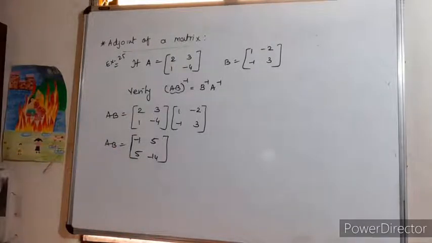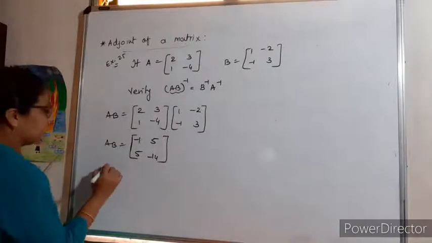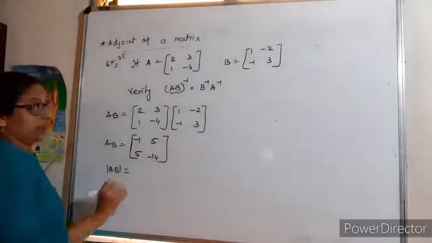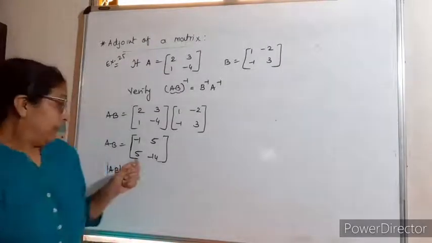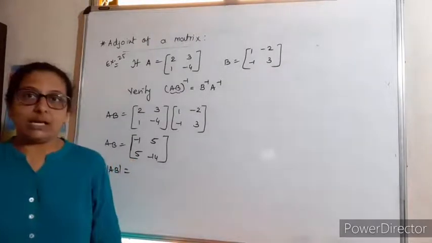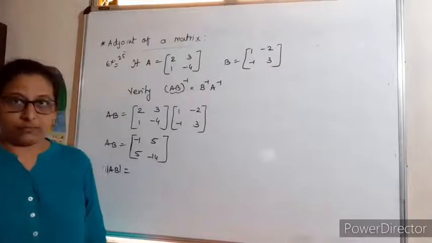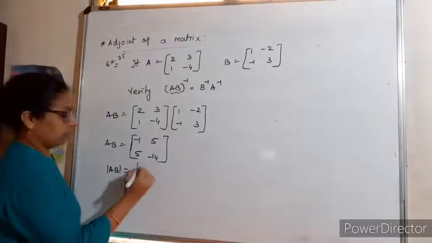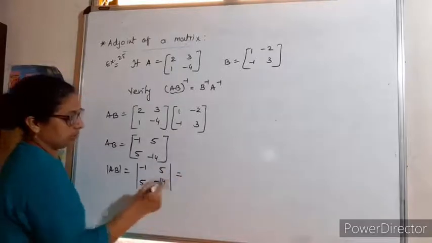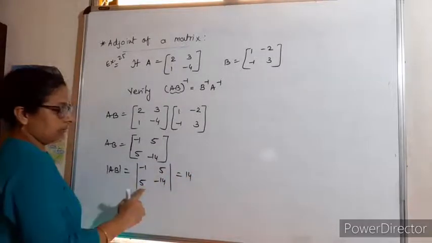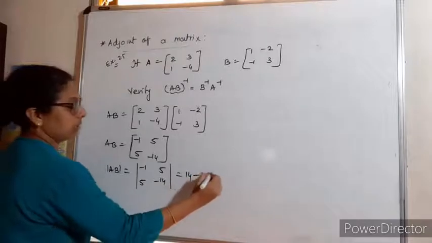Okay. Now we will find determinant of AB, because if it is a singular matrix then we cannot find its inverse. So first check whether it is singular or not, right? Okay. Minus 15 minus 14, 14 minus 25.